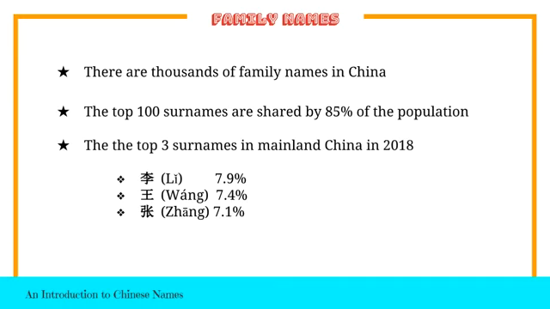Wang, 7.4%. Zhang, 7.1%. That's incredible, right? So if you know the top 3, the chances for you to meet people with one of these surnames are pretty high. Li, Wang, Zhang.